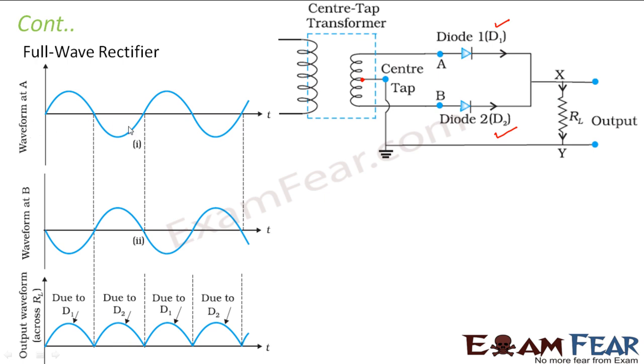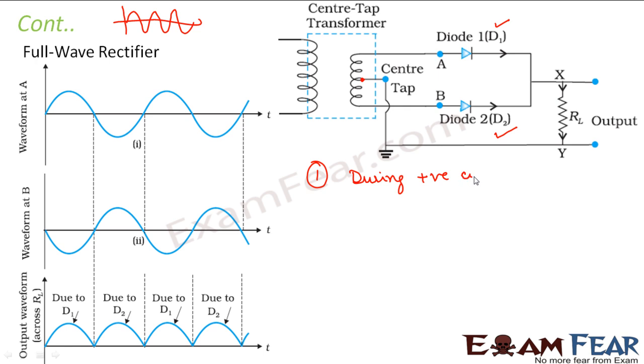So how do we get this waveform at A and B? Let us suppose I have an input signal, again a similar input signal. This is my input. Let us talk about the positive half cycle.